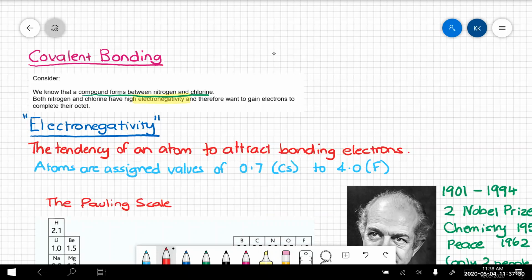We know this because of the compound between nitrogen and chlorine, which is called nitrogen trichloride. We know that forms.